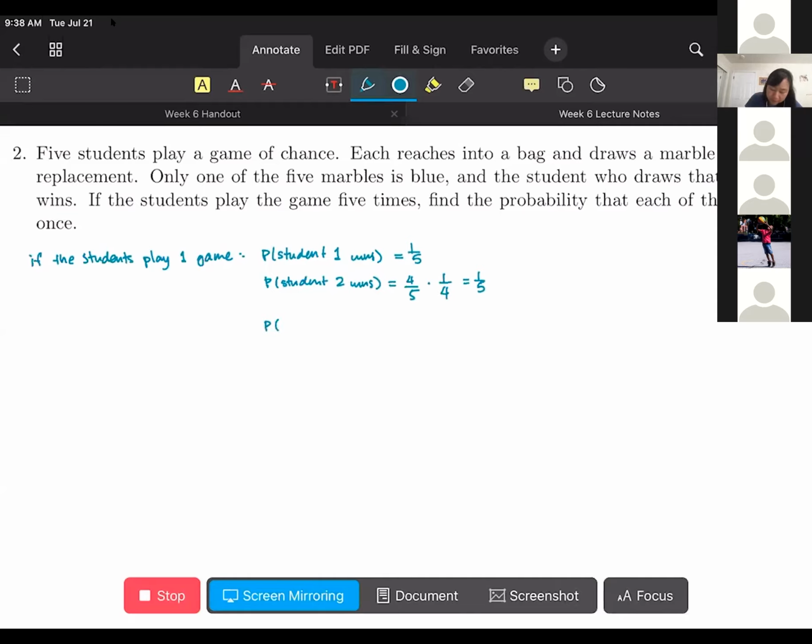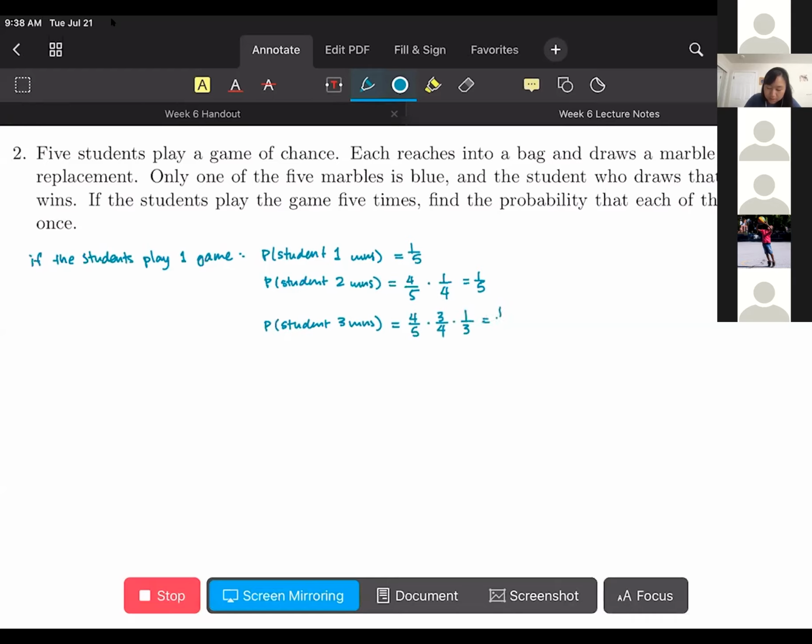The probability that the third student wins: the third student is drawing after the first and the second student have already drawn. So they'll only win if the first student does not draw a blue marble and the second student does not draw a blue marble and the third student does draw a blue marble.